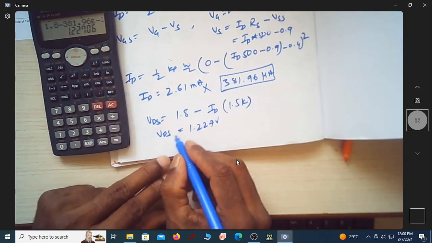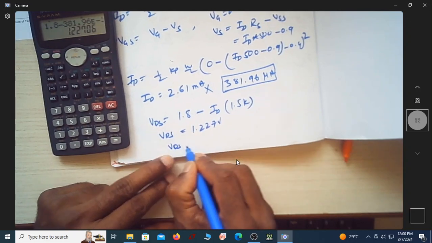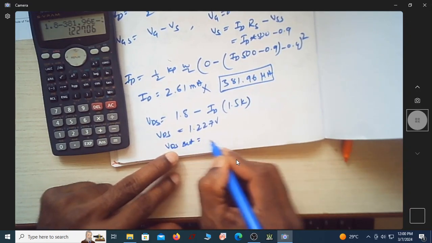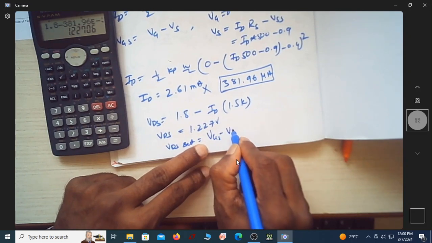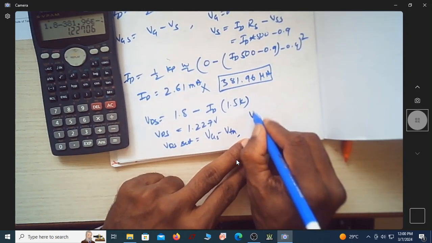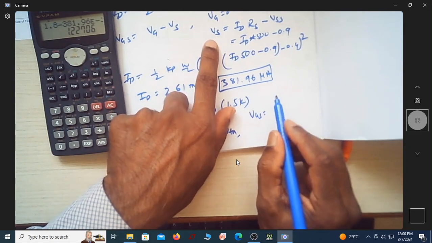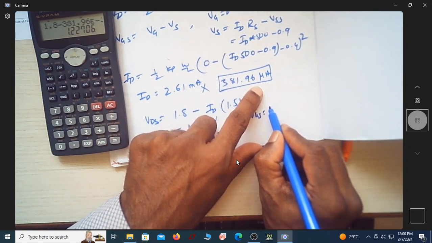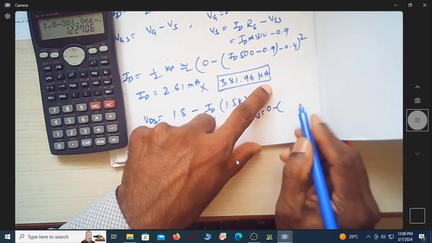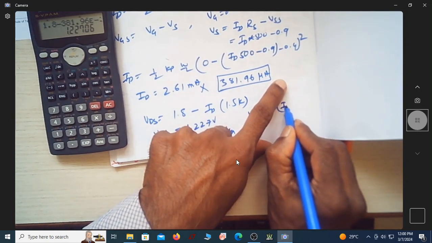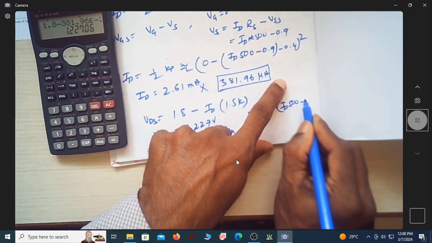How much is VDS SAT? VDS SAT is VGS minus VTH. But what is VGS? VGS is 0 minus (ID into 500 minus 0.9).